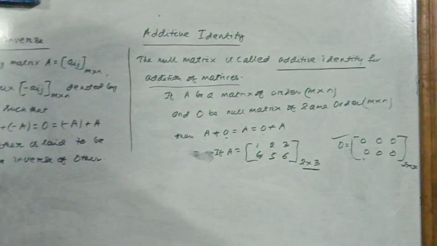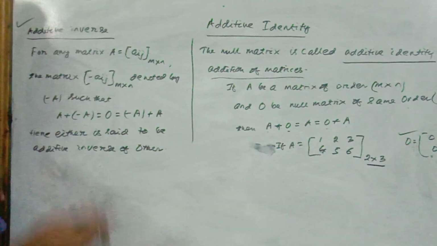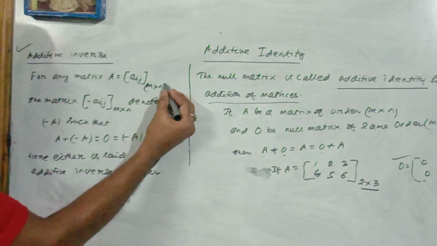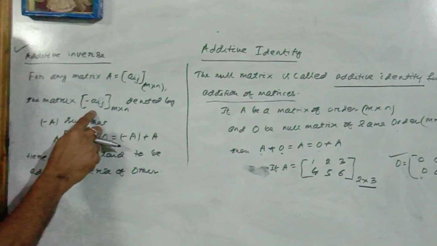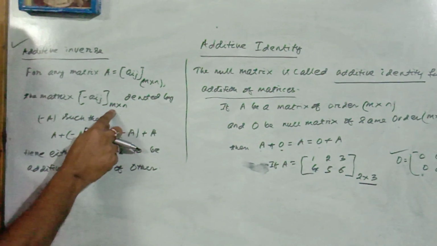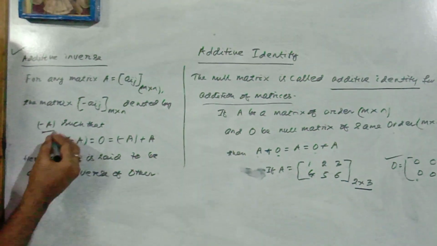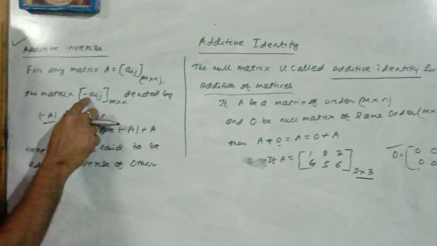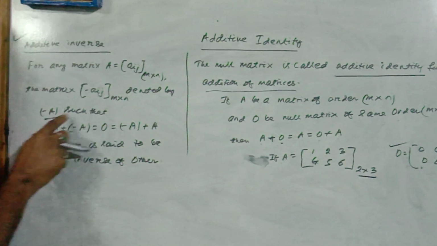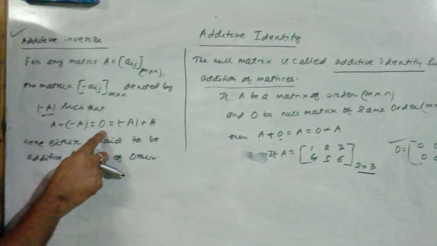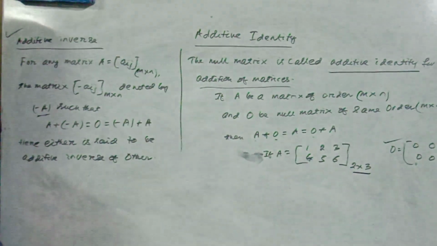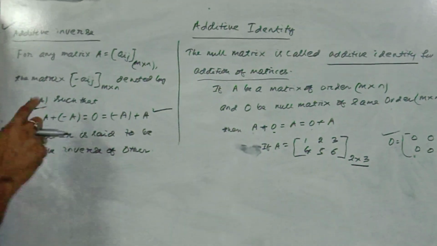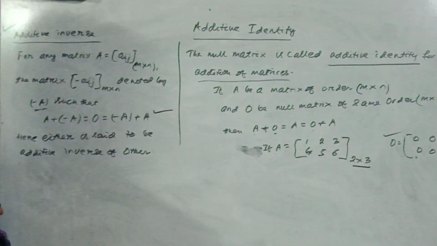Now next is, what is additive inverse? For any matrix A, Aij of order m cross n, the matrix minus Aij of the same order is denoted by minus A. That means here every element of A is multiplied by minus 1, so it will give the matrix minus A, such that A plus minus A is the null matrix, and it is equal to minus A plus A. So since it satisfies this condition, either is said to be the additive inverse of the other.